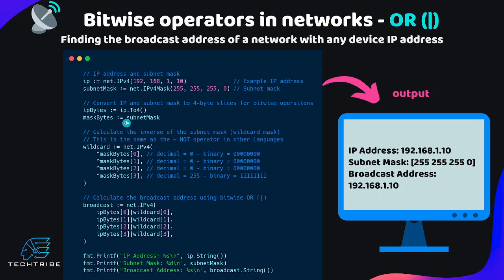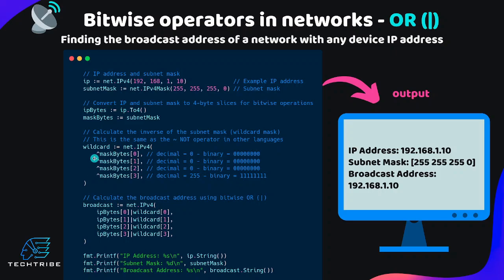And to calculate the inverse of the subnet mask, or the wildcard mask, this is the same as the NOT operator in other languages. But in Go, you don't really have a NOT operator, right? So this is how it's done. We are basically inverting.